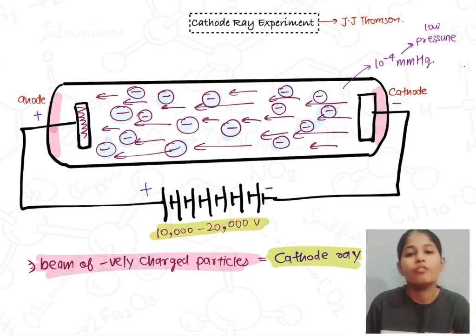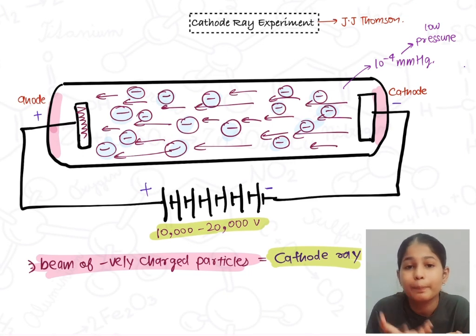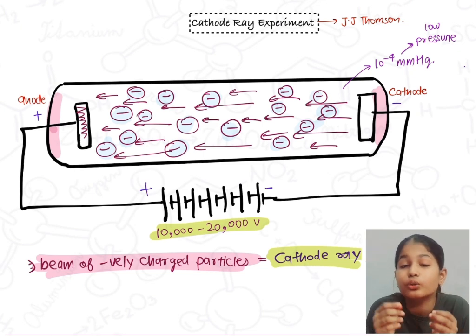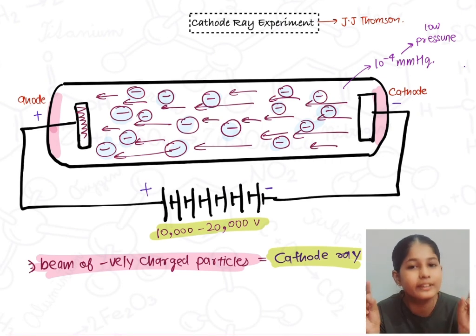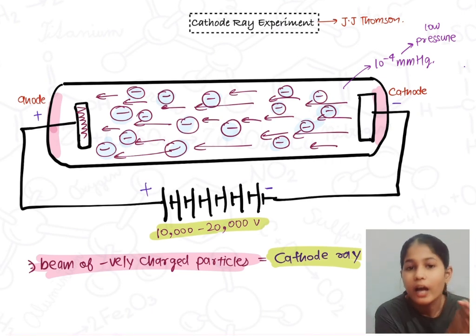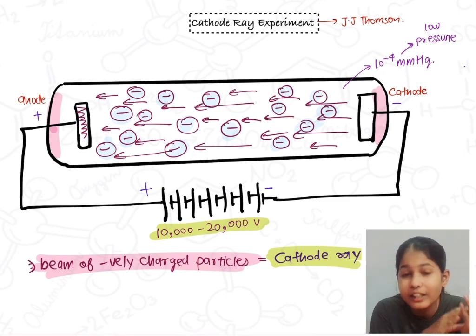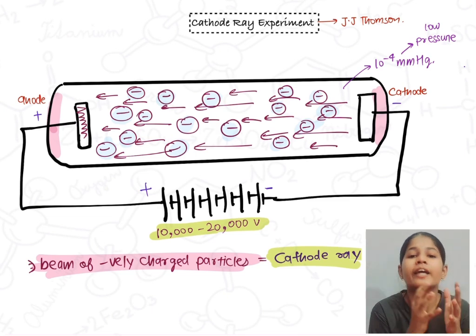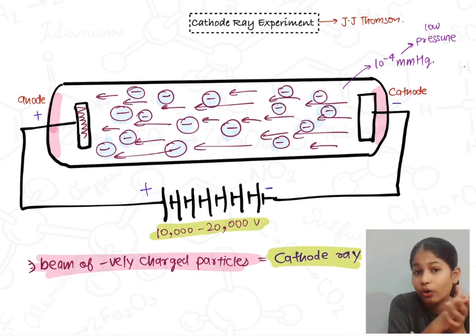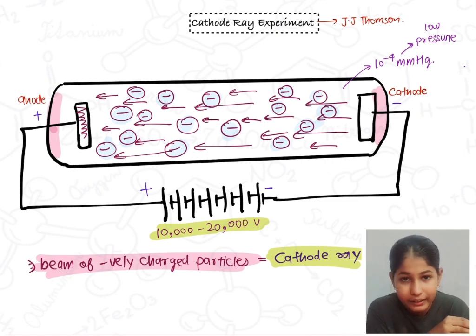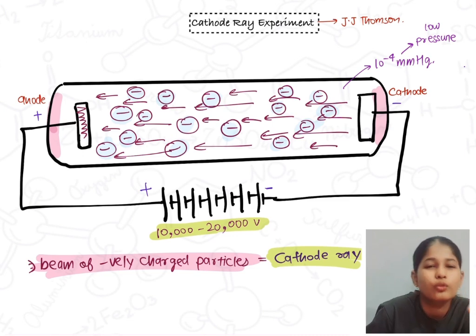So what happens when he supplied electricity of about 10,000 to 20,000 volts? He observed changes in the fluorescent screen on the side of the anode. From these changes and flashes in the fluorescent screen, he got the idea that some negatively charged particles are traveling towards the anode.